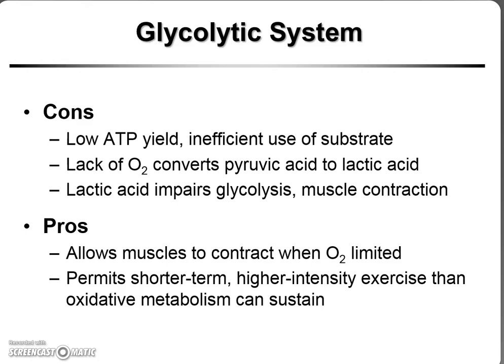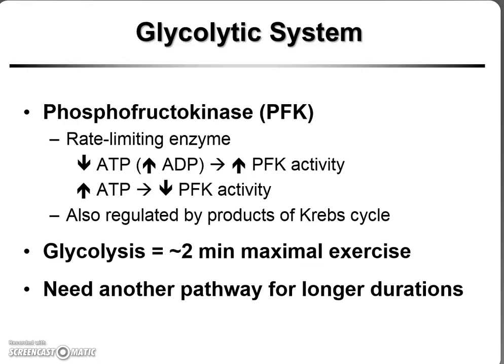It produces a lot of hydrogen ions, and we essentially have to lower the intensity or stop. Something has to change eventually. As I said earlier, each system has a key enzyme, and phosphofructokinase and hexokinase are some of those that are very active in this glycolytic system.